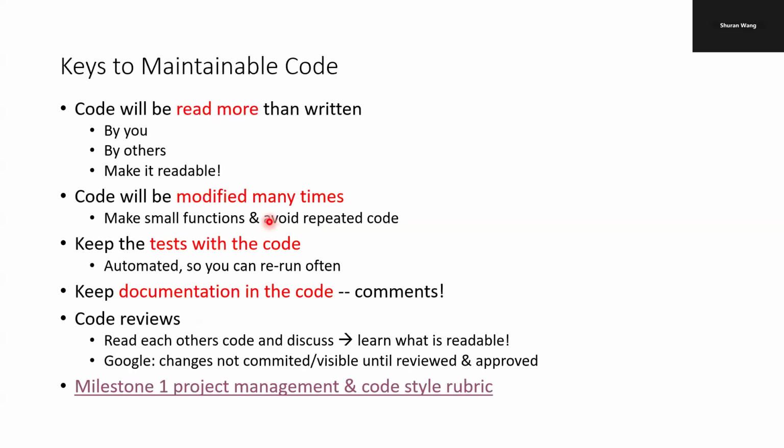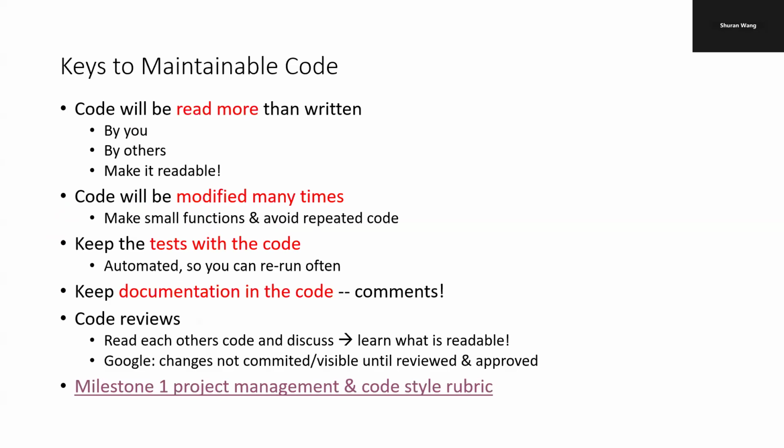Okay. So summary, keys to maintainable code. Your code will be read more than written by you, by others. So make it readable. Code will be modified many times. When you're adding in some lines to your functions, be aware that the function will grow bigger and bigger.